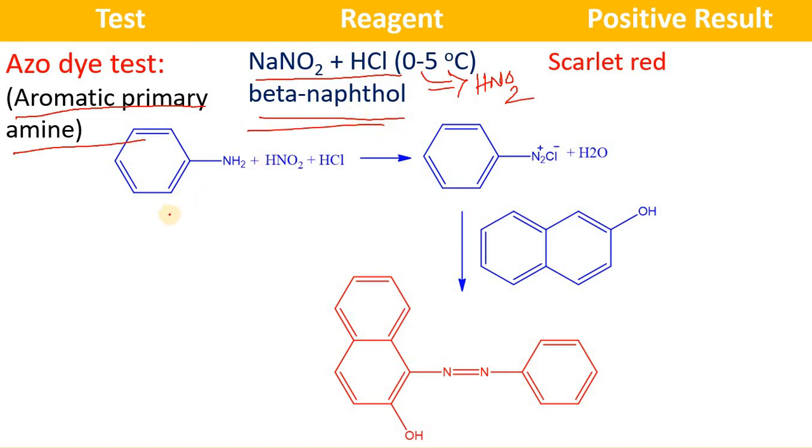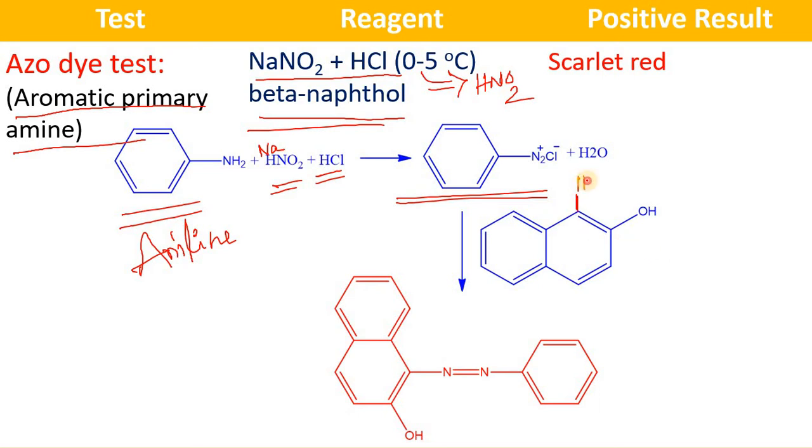When you treat aromatic primary amine, here we are taking aniline, with NaNO2 and HCl, there is a diazotization, there is a formation of diazo salt. When you treat this diazo salt with the beta naphthol, from alpha position there is a removal of hydrogen, and here there is a removal of chlorine in form of HCl.